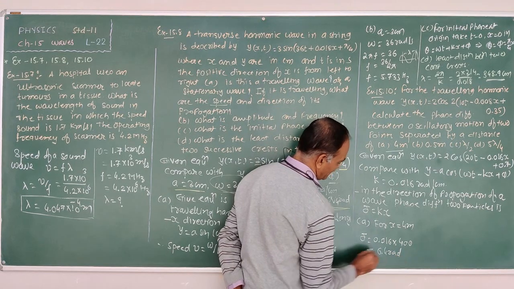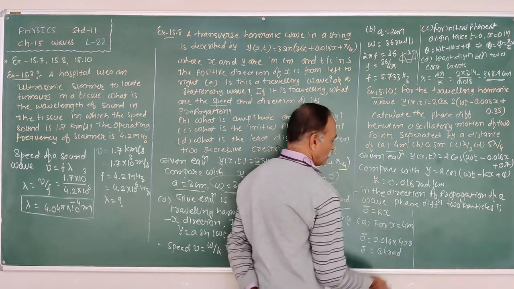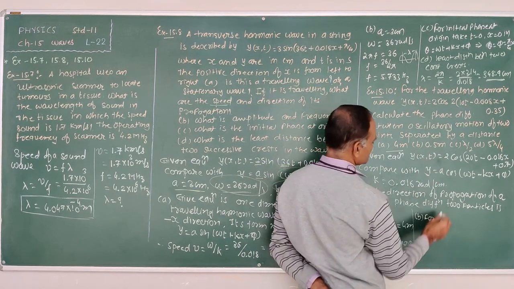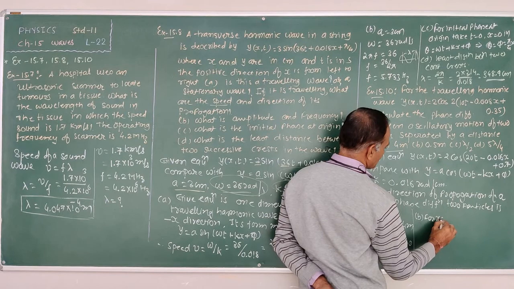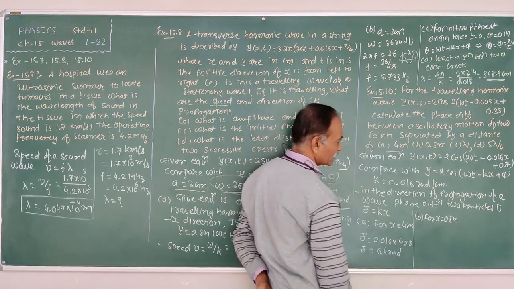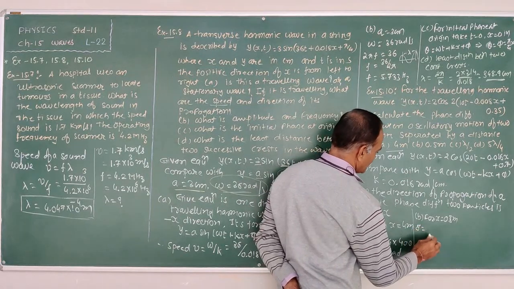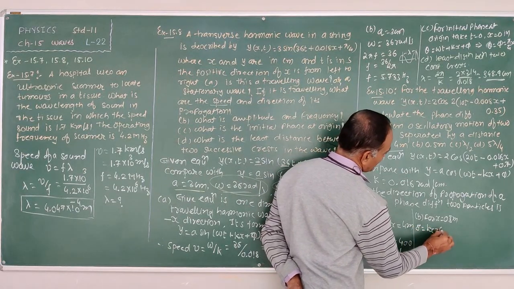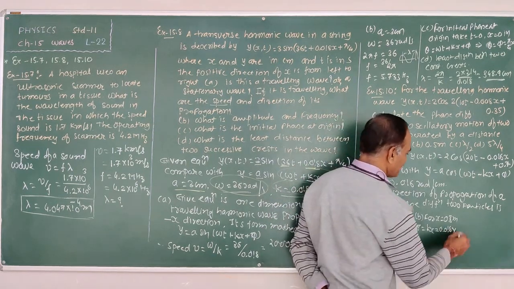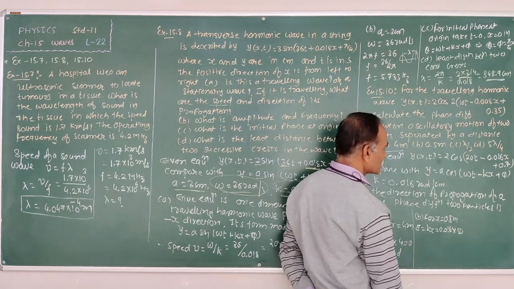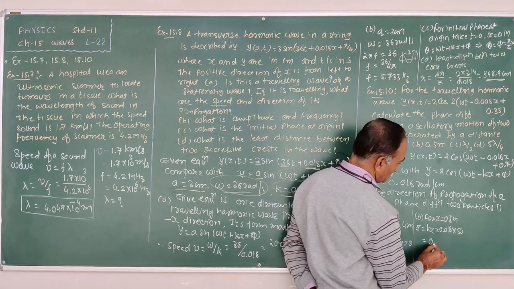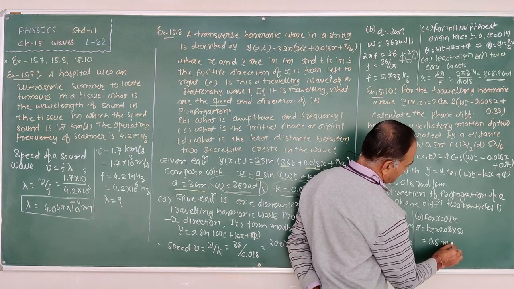Now, second, b, for x is equal to 0.5 meter. Therefore, delta is equal to kx, which is 0.016 into 0.5 meter, that means 50 centimeter, which is equal to 0.8 radian.